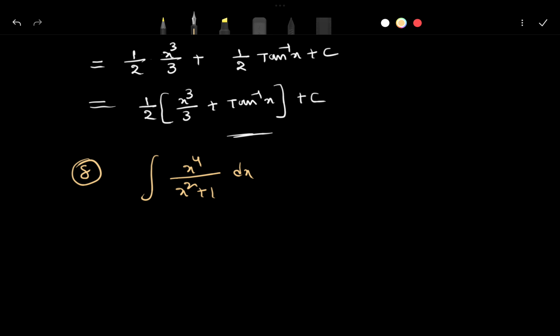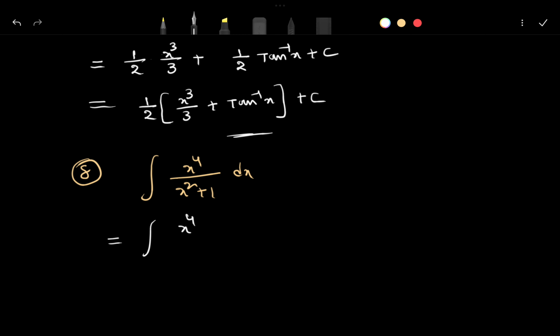So you convert it into a proper fraction. How can we convert it into a proper fraction? You have to do some manipulations, or directly divide x to the power of 4 by x square plus 1. But here some direct manipulation can find this value.